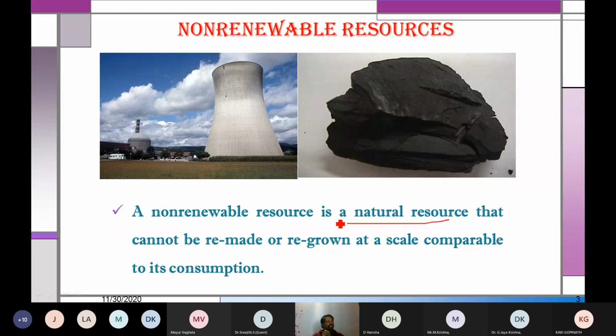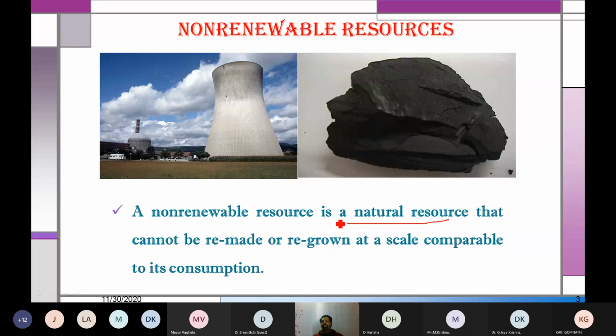Once you take them, they will be over permanently. Today we'll take, tomorrow also we'll take, but the day after tomorrow nothing will be left. That's why they are called non-renewable energy sources.